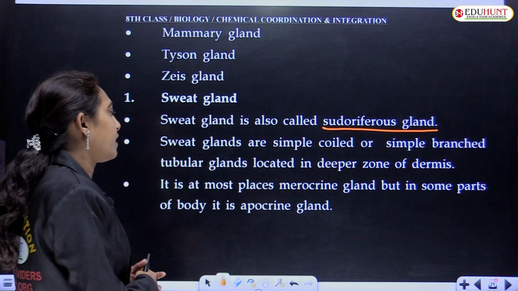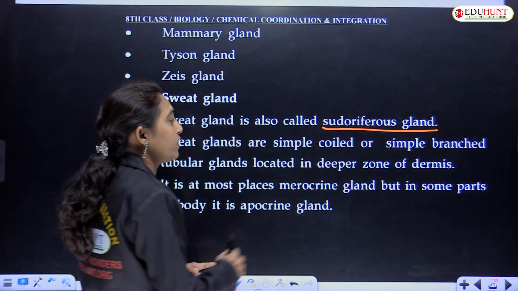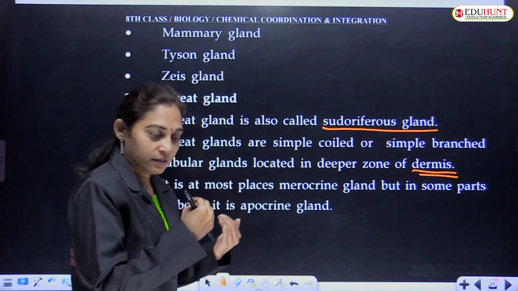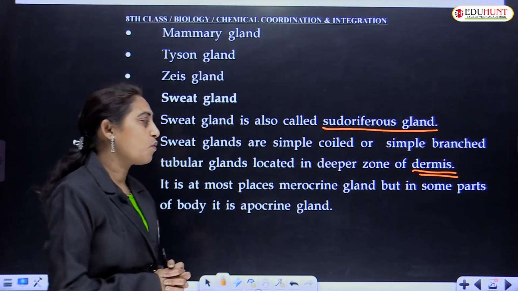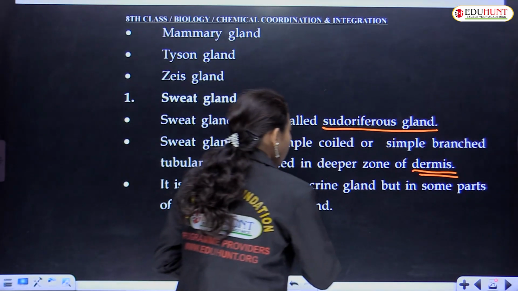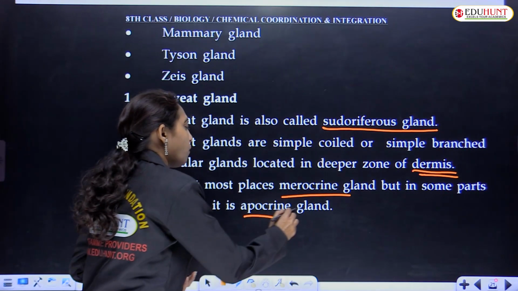These are tubular glands located in the deeper zones of the dermis. They are present in the deeper layers of the dermis, and in most places they are merocrine in nature, and in some parts apocrine.